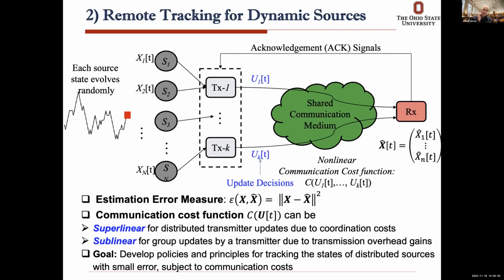In the second dimension, we have looked at this case, as I mentioned, of tracking sources whose states are evolving. We took them to be evolving randomly in time. As these evolutions are happening, the transmitters at these distributed sources need to decide on making updates to the receiver, where the receiver is trying to keep a good estimate in terms of the squared error measure.